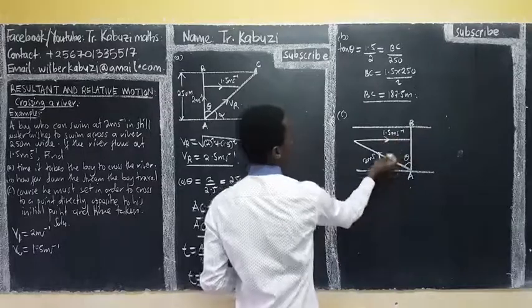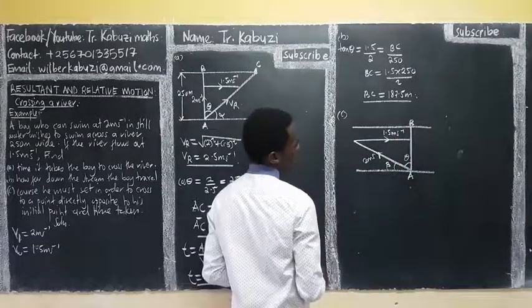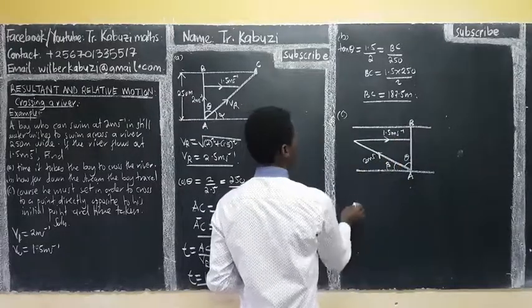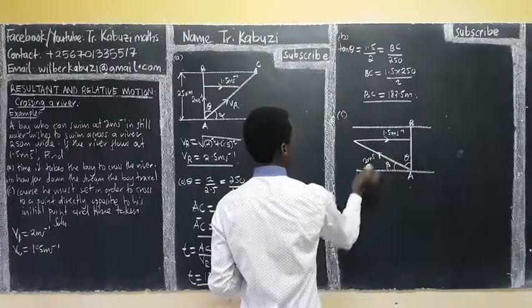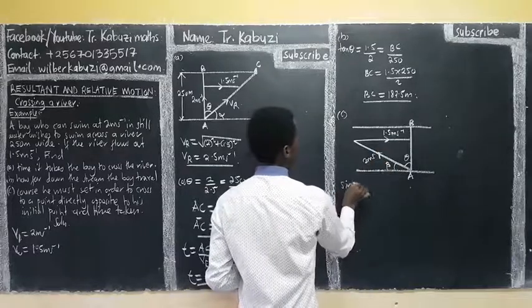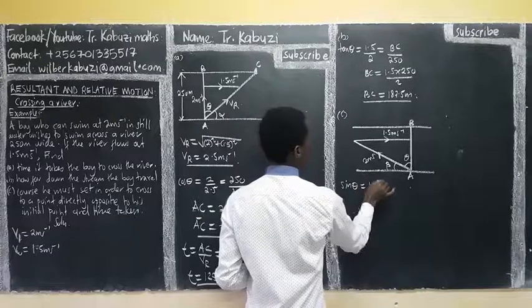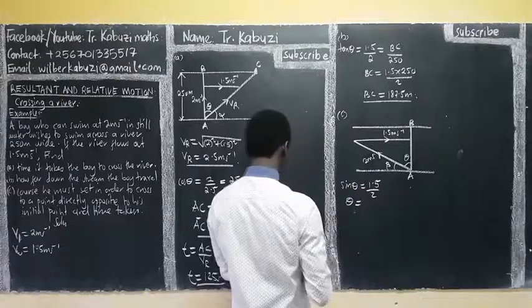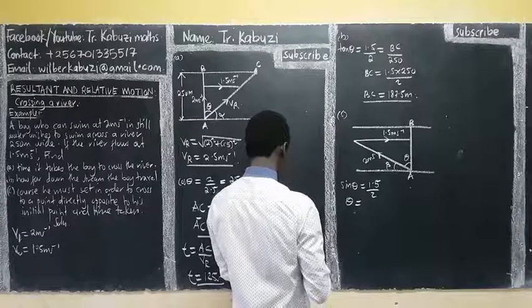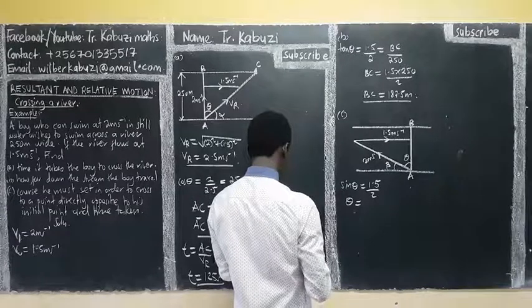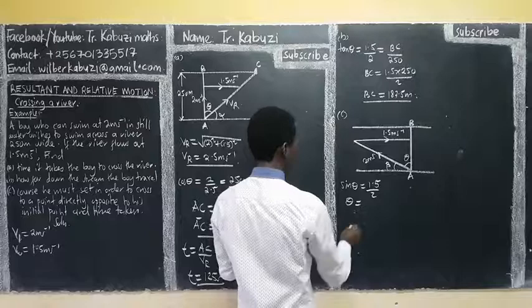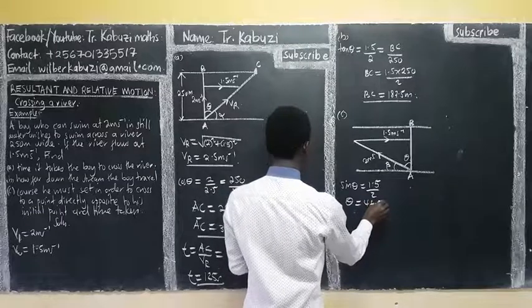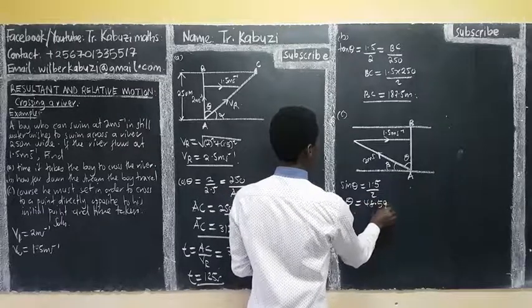We have the opposite, and this is going to be our hypotenuse. So we are going to use sine theta, which is the opposite over the hypotenuse. From there, theta is 48.59 degrees.